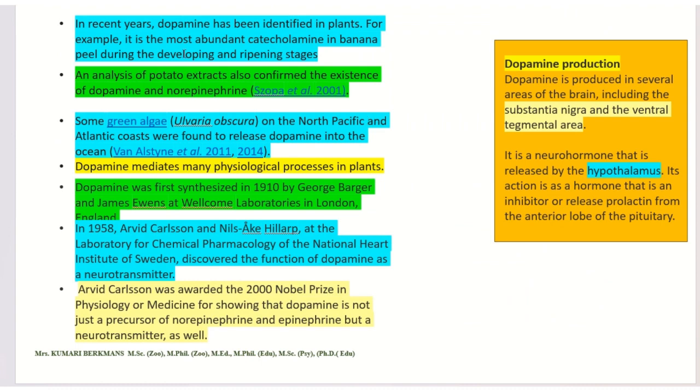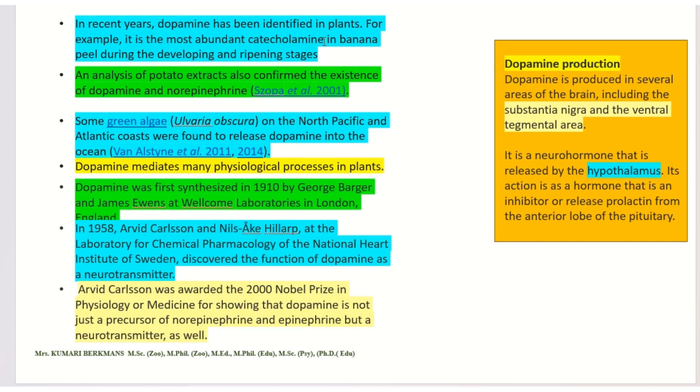Another important point we are going to see here: in recent years, dopamine has been identified in plants. For example, it is the most abundant catecholamine in banana peel. So don't throw the banana peel away.